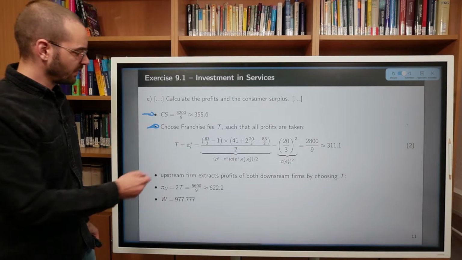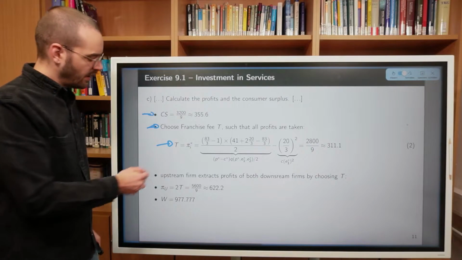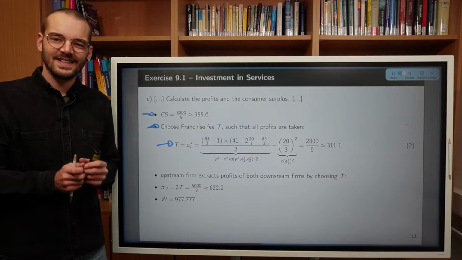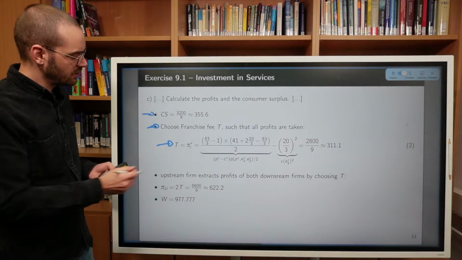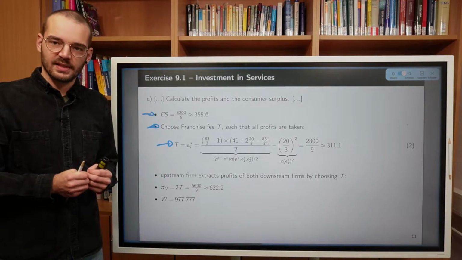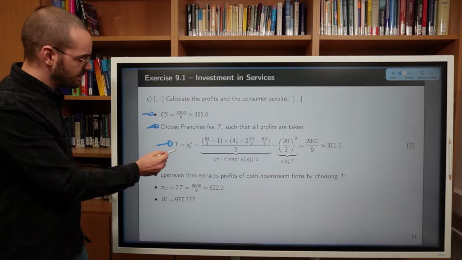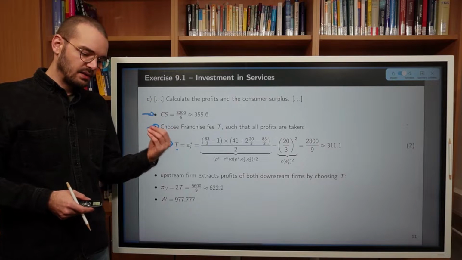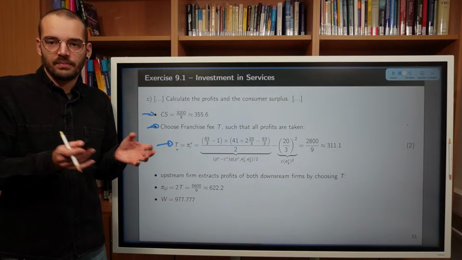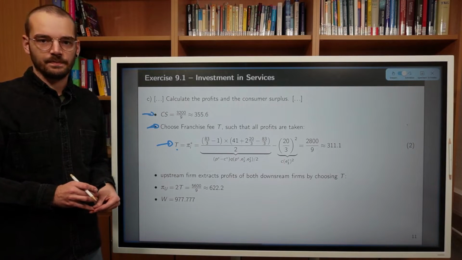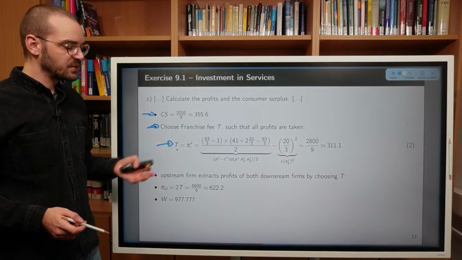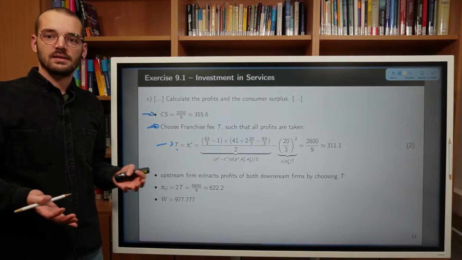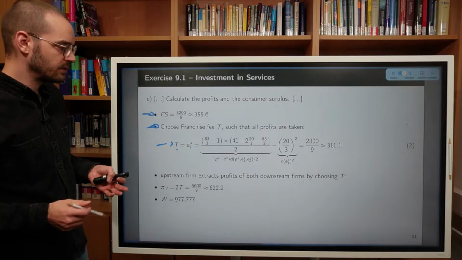By that logic, the upstream firm can set the franchising fee T at most at the level of the downstream profits, right? This franchise fee T can be chosen by the upstream firm so that the downstream firm is just barely not making negative profits. Or in essence, the upstream firm can use this franchise fee T in order to collect all the profits that were made downstream.